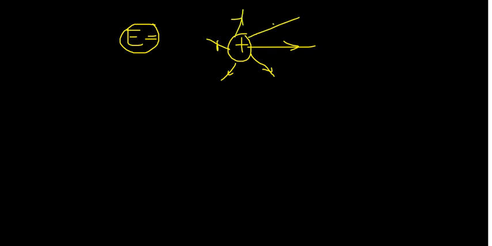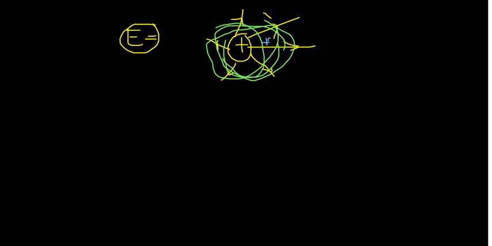Around this charge, the diagram I have drawn here shows the electric field. How can we define the electric field? It is the space around the charge where we can experience electric effects like attraction or repulsion.